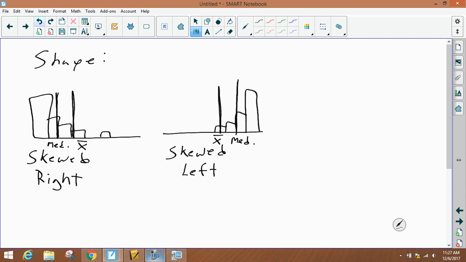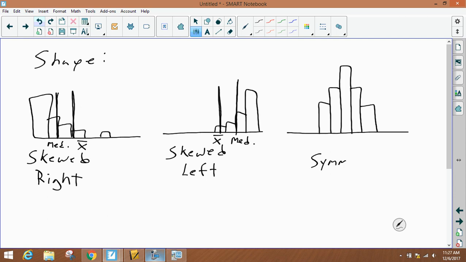All right? The other case with shape of data is that it is approximately symmetric. If your data is exactly symmetric, what you're going to wind up with is your mean is going to be exactly the same as your median, okay?